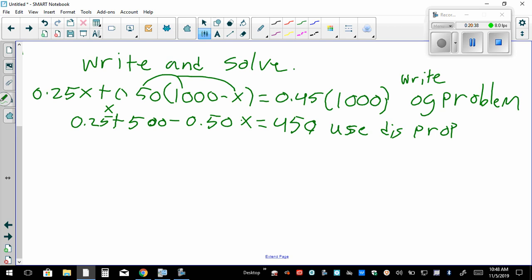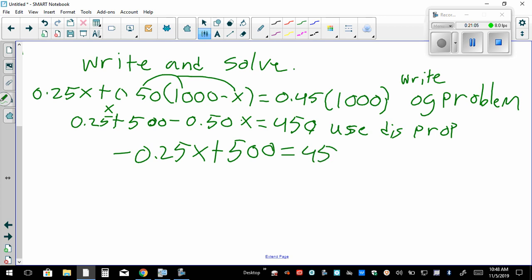Then you simplify it, and what I got is negative 0.25x plus 500 equals 450.